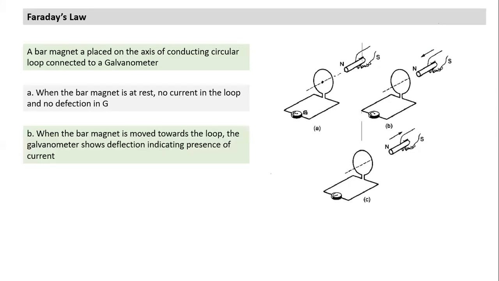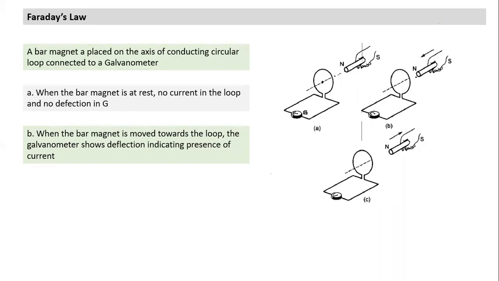Then, in the second setup, figure B, the bar magnet is moved along the axis towards the coil, north pole facing the coil. When the bar magnet is moved towards the loop, suddenly the galvanometer shows deflection. The fact that the galvanometer shows deflection indicates the presence of current.